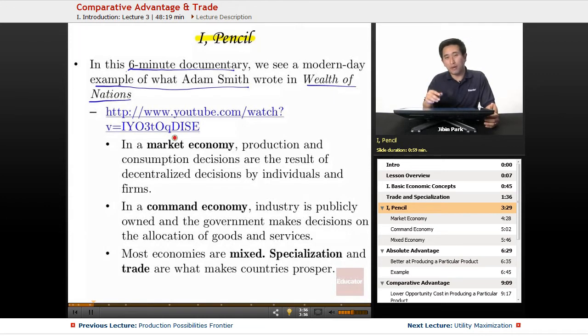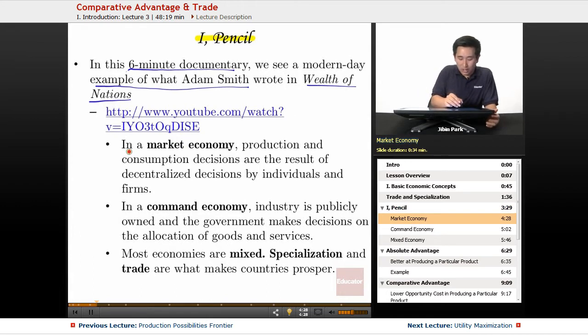Each part of a pencil is made in different countries, and no one country is really capable of making the pencil because it would be too cost prohibitive, and the pencil takes so many different stages. So you see the beauty of a free market economy, letting individuals come to the marketplace, and the invisible hand of Adam Smith coming together in making a pencil.